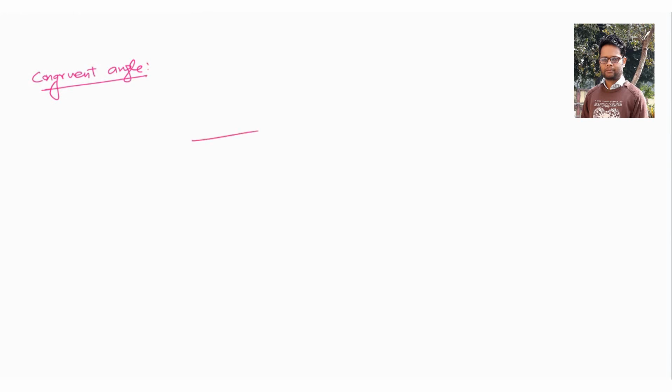That means if this is 45 degree and this is 45 degree, we can say these two angles are congruent. Angles having the same measure or value are said to be congruent angles. It is an example of congruent angles.